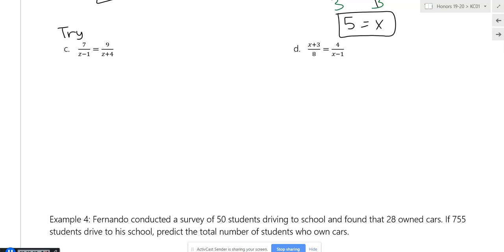All right, at this time, you should have paused your video, and you should have an answer for C. So let's go ahead and do C. I see subtraction signs and addition signs, so we have our parentheses around those. And then I'm multiplying my extremes. And I'm multiplying my means.